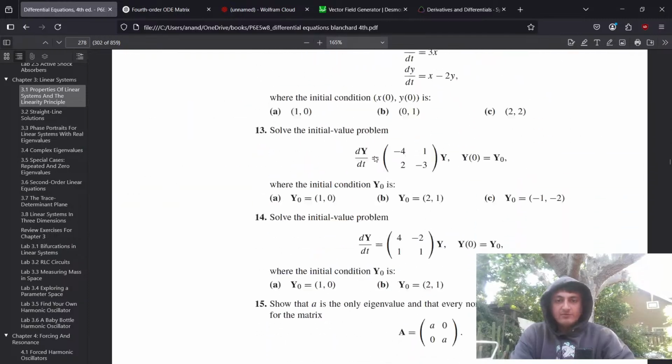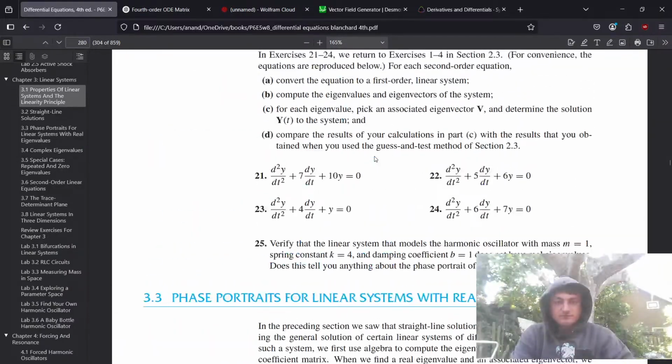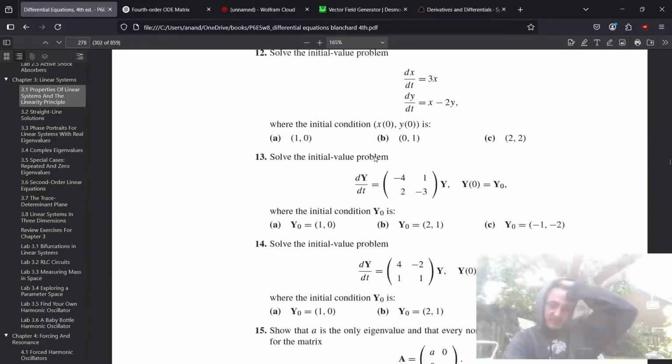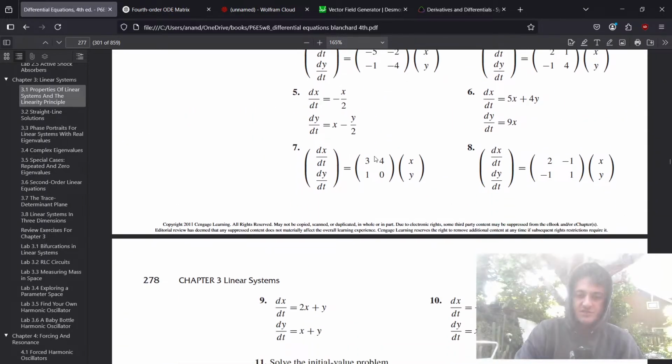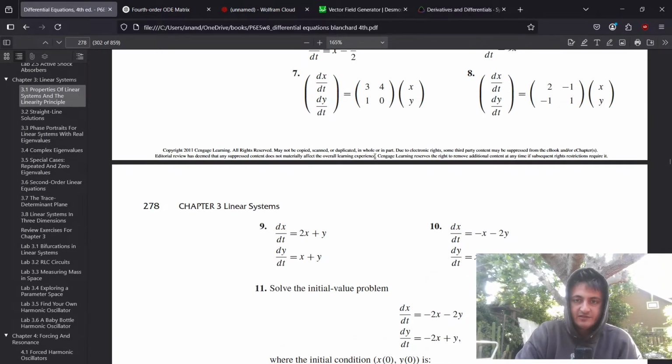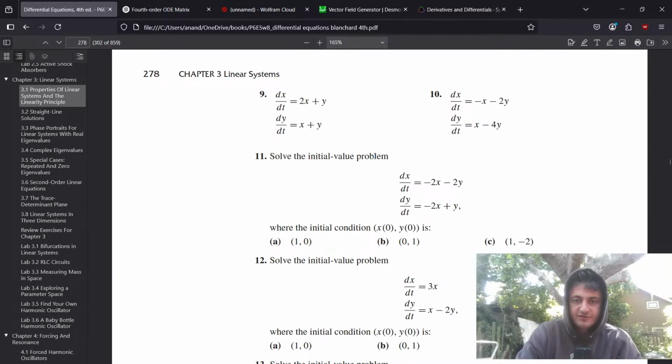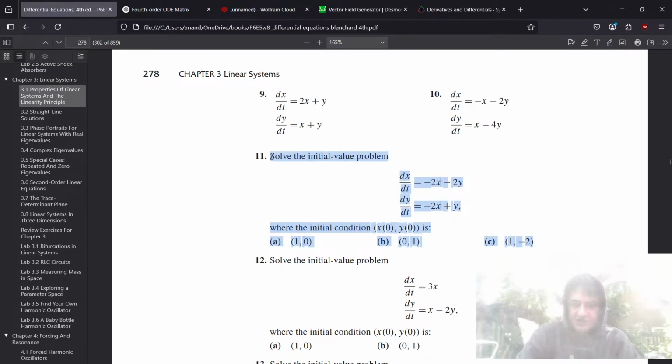All right, let's see how many problems are in this section. 25. Maybe let's read through them, see how many of these we want to do. Okay, so for 1 through 10, it's all just spamming, getting comfortable with doing the algebra. This is going to be a bunch of linear solves.